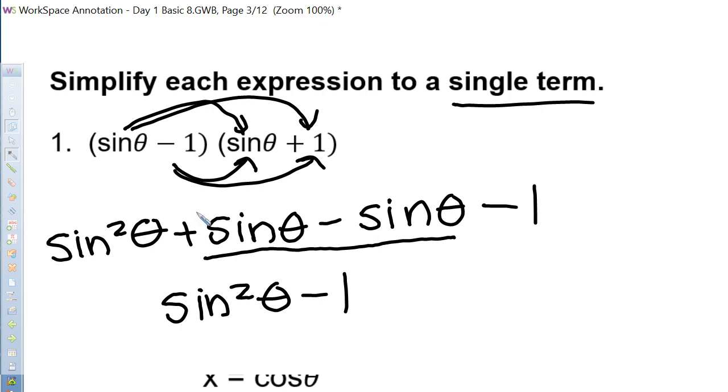Now notice over here I have sine squared minus 1. So over here I need to rearrange this equation so I have sine squared minus 1. So the first thing we need to do is subtract 1 to both sides. So that gives me sine squared minus 1 plus cosine squared equals 0.